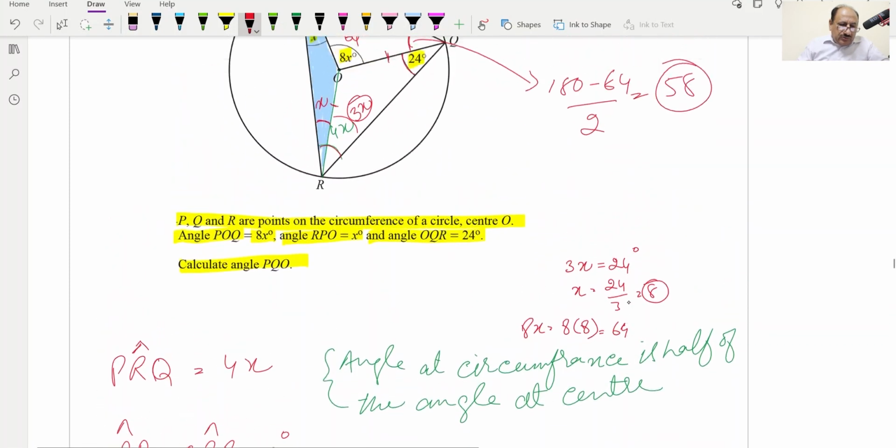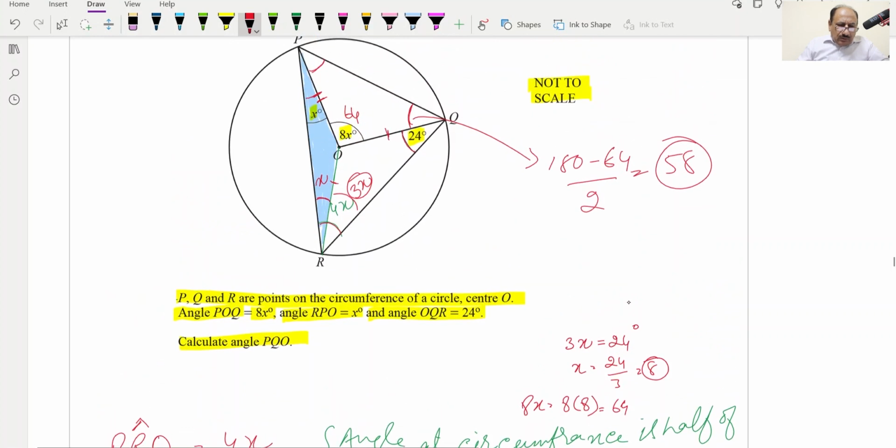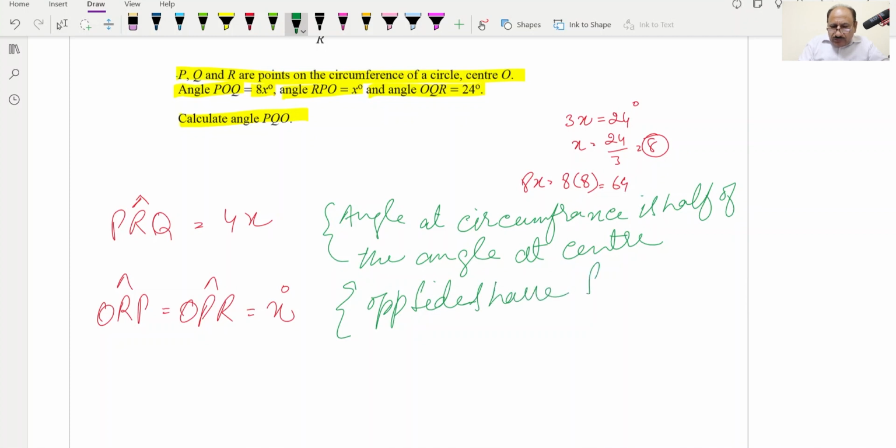And this is what this radii OP and OR are opposite sides of, we can write the reason: opposite sides have the same angles.